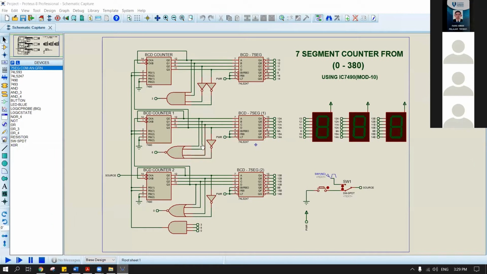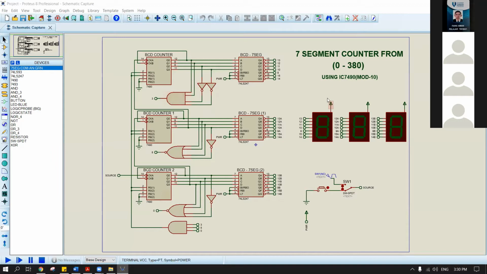If we don't put any gate inside here, here and here, it will generate the numbers from 0 to 999, because this is a mode 10 counter, so it will count from 0 until 9, and then it will reset again. So what we have to do is put a gate to limit the count.